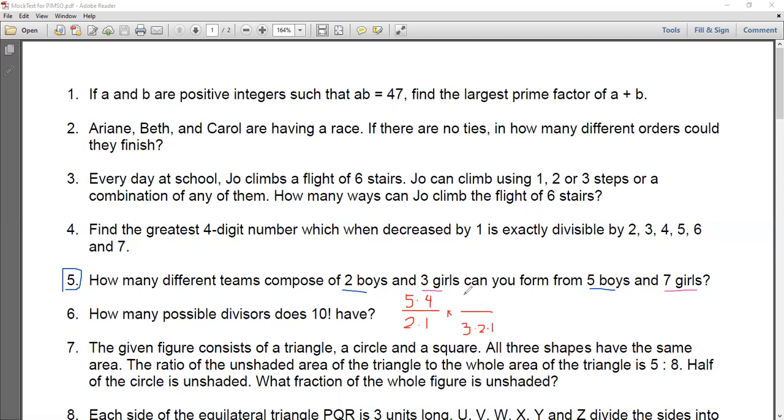On our numerator, this will be 7 times 6 times 5. So we can now cancel, or we can now solve for this one. We can cancel out 3 times 2 and 6, and then 4 and 2. And this will become 2. So in this case, this will be now 10 times 35. And the answer will be 350.